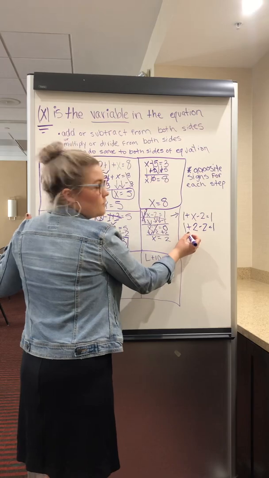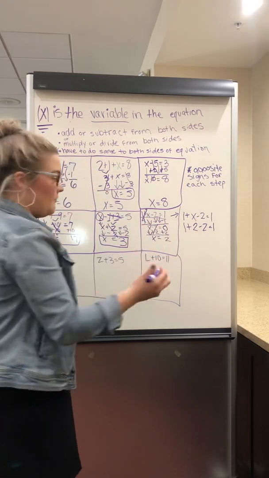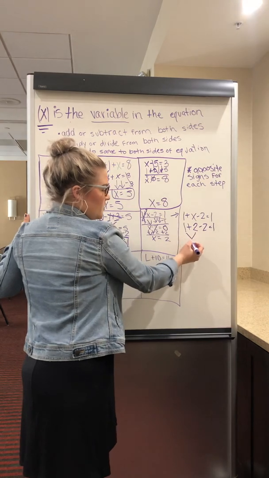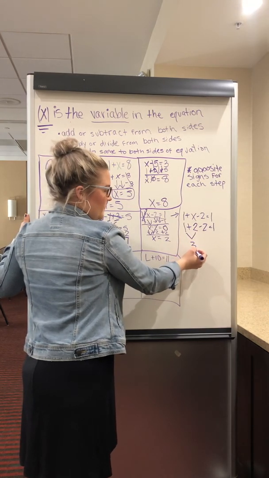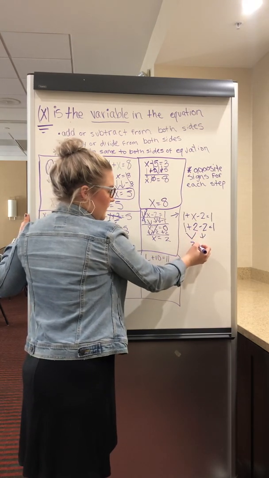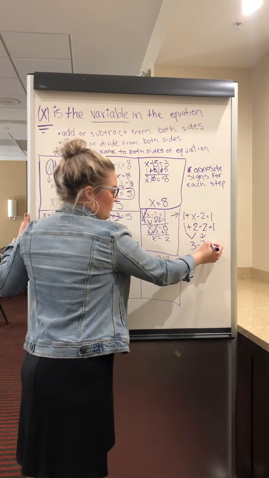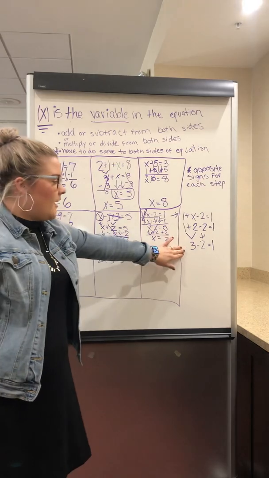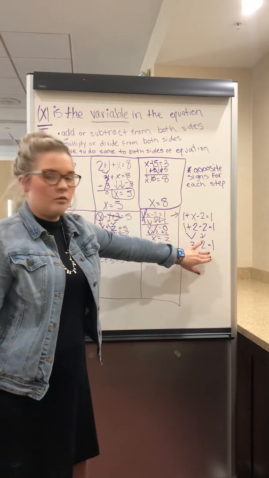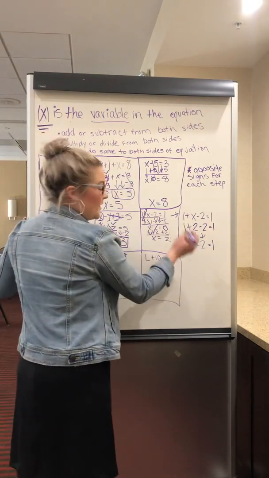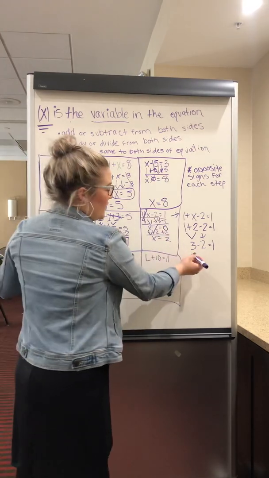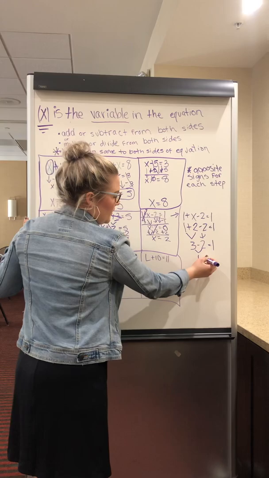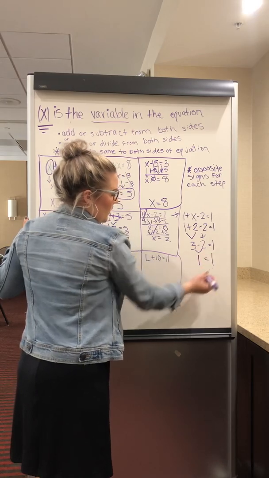Okay, so let's do 2 steps at a time. We're going to do this first. 1 plus 2 is 3. We're going to bring down our 2, minus 2. We're going to bring down our equal and 1. Now we have one more step which will show if we are right on each side of the equation. So 3 minus 2 is 1, which equals 1.